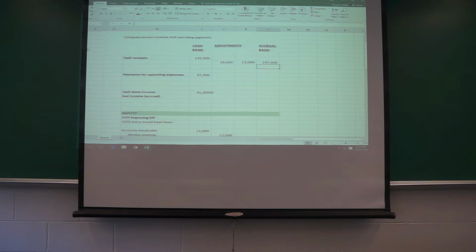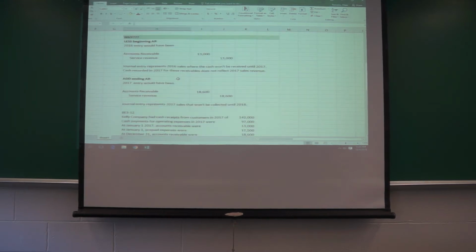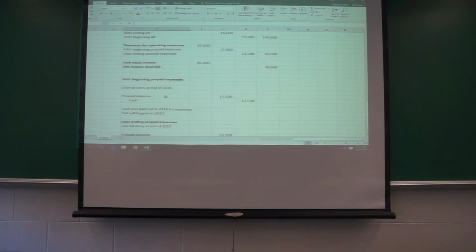Okay, now for the payments part of it, payments for operating expenses were $97,000, but when we come up here and look, at January 1, prepaid expenses were $17,500. So what's that all about? If we look at our prepaid expenses, that would have been prepaid expense and cash that happened in 2016.